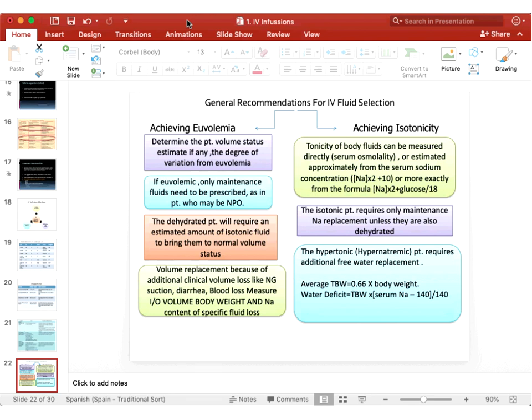Now, we're just about to end. You have to check out for volume of the patient, and you have to check for his electrolytes, all right? Let's assume that you find a patient that is dehydrated, but his sodium values are 160 milliequivalents per liter. What type of solution would you recommend?